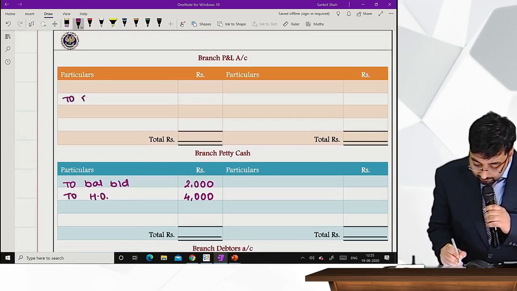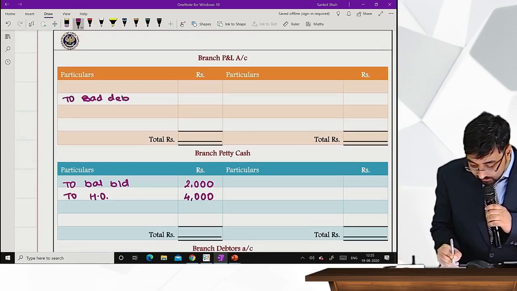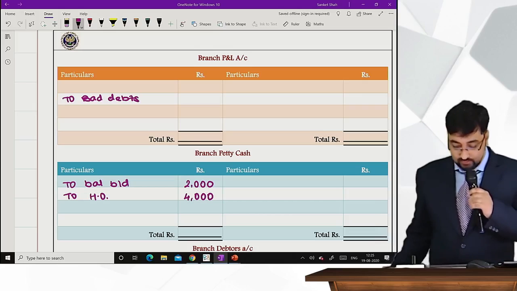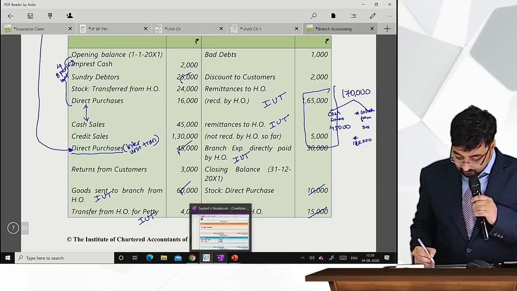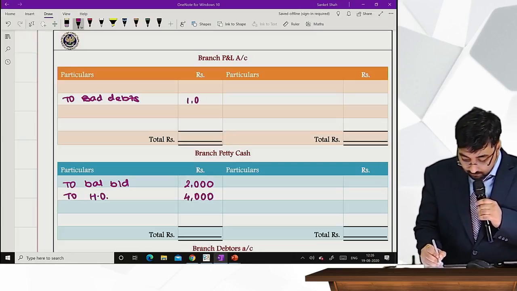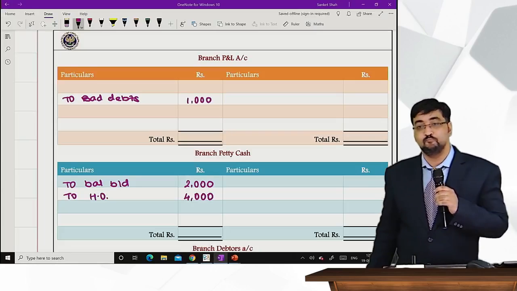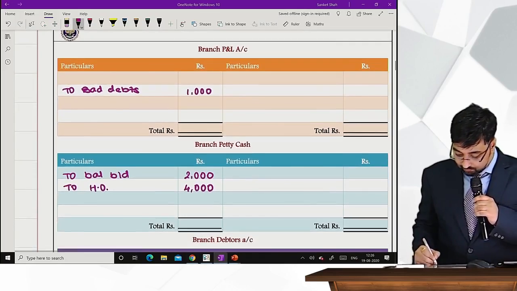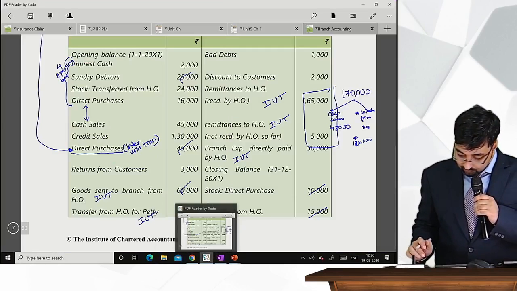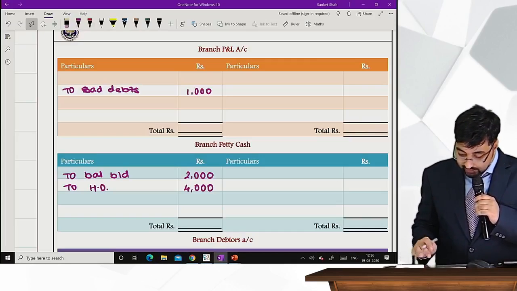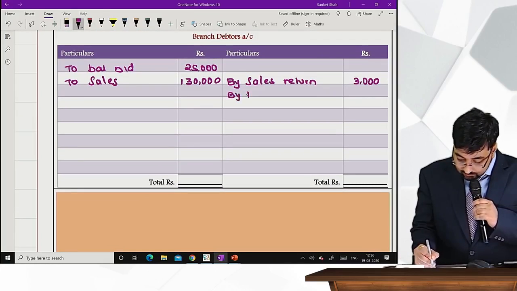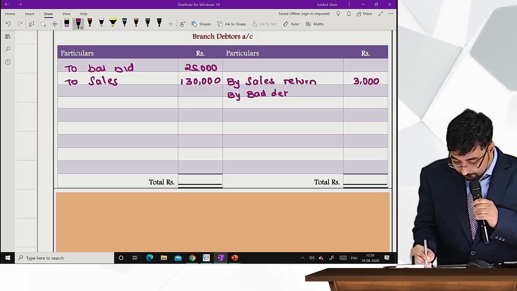To bad debts. To bad debts. What is the amount? Yes, 1,000. Correct? Now, second effect, debtors account by bad debts 1,000.